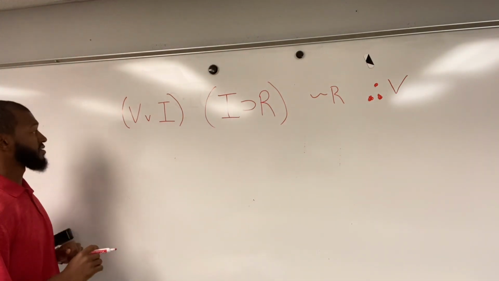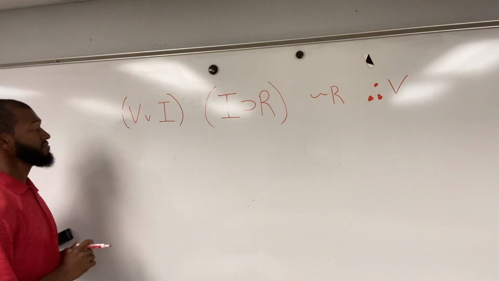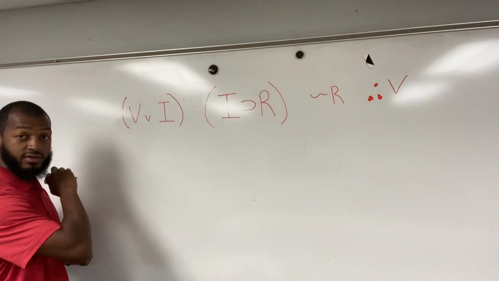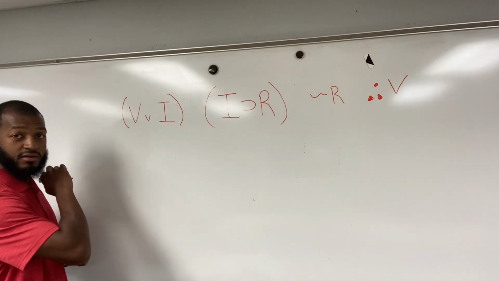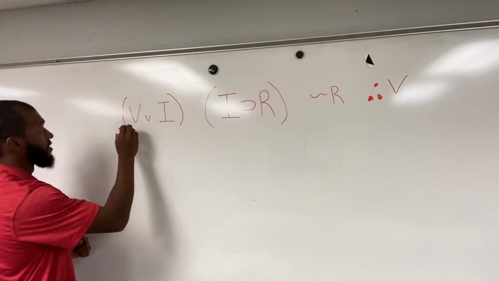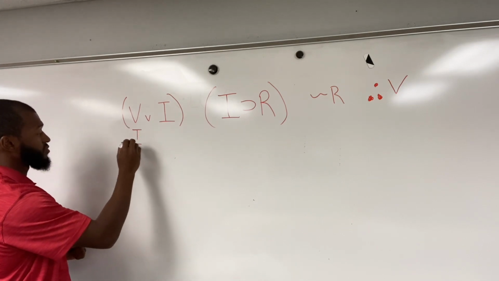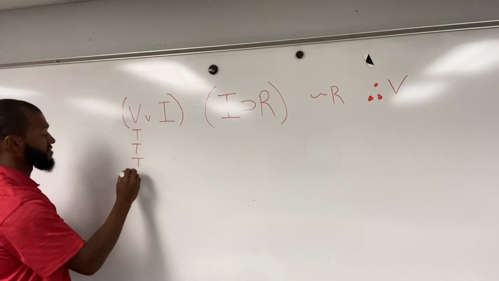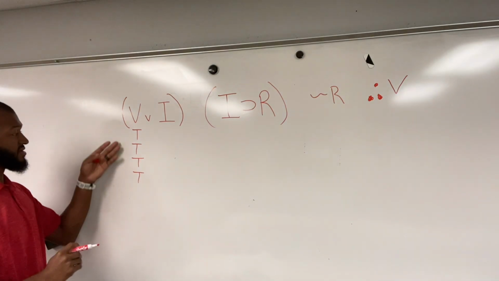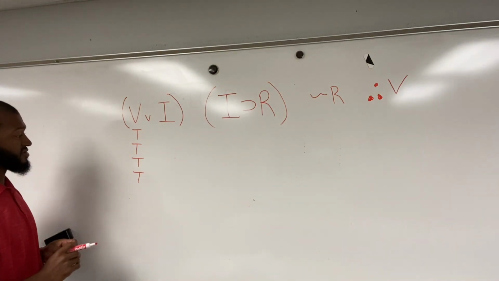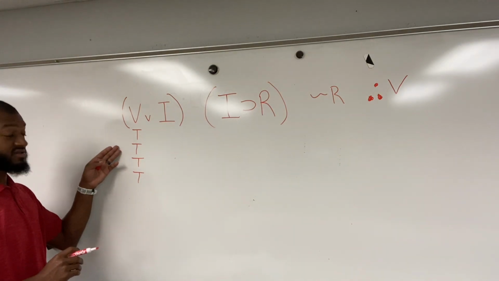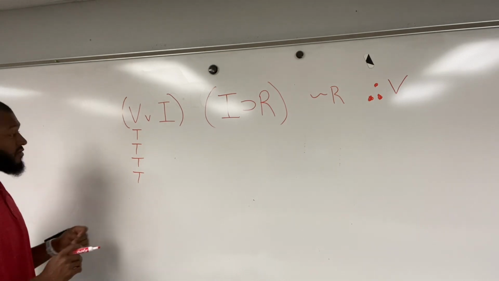So the first thing I'm going to do is add my truth values to my V, which is going to be 4, right? Because there are 3 propositions. Whenever there are 3 propositions, there are 8 true-false values. The T's are 4 and the falses are 4.